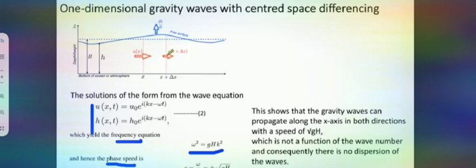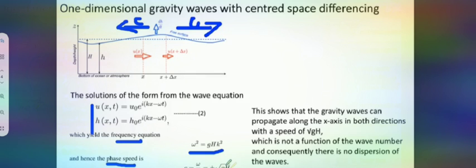That means phase speed. Once the wave speed is clear, this will propagate in both directions with speed c, to the left and right, plus minus. If you take plus, this will be minus. And look, this wave speed is neither a function of omega nor a function of k.